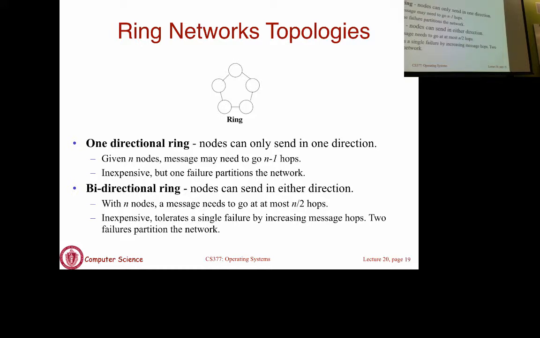Ring topologies were at one point very common local area network technologies. No more, because Ethernet took over. Back in the 80s and 90s, if you wanted to buy a PC, you had to specify which type of network card it came with. You could either get an Ethernet card or what was called a token ring card.